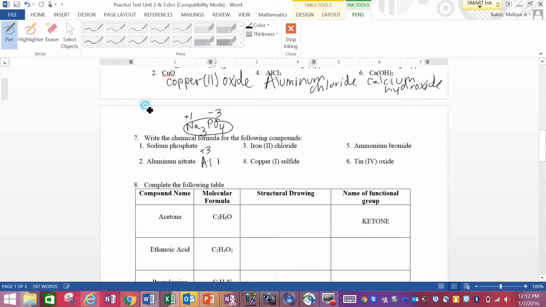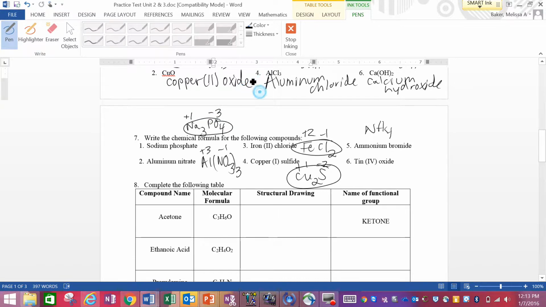Aluminum's a +3. Nitrate is a -1. So this is Al(NO3)3. Number 3, Fe is a +2. Cl is a -1. So FeCl2. Copper's got a +1. Sulfur's a -2. So that's Cu2S.